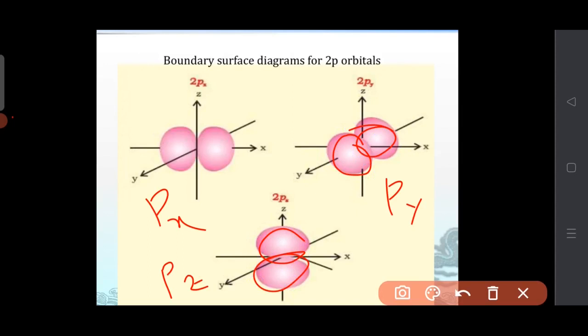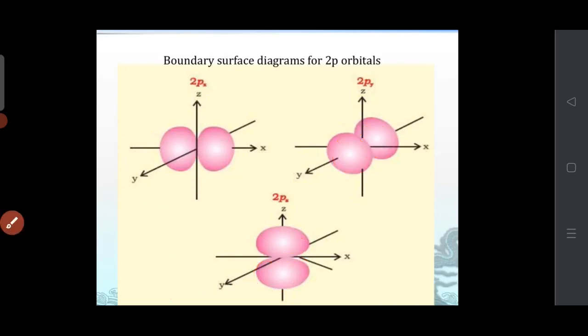So, we can see a dumbbell shape in each and every p orbital. Okay. So, the p orbital has a dumbbell shape. When it exists along the x axis, it is called the px orbital. Along the y axis, it is called the py orbital, and along the z axis, it is called the pz orbital.